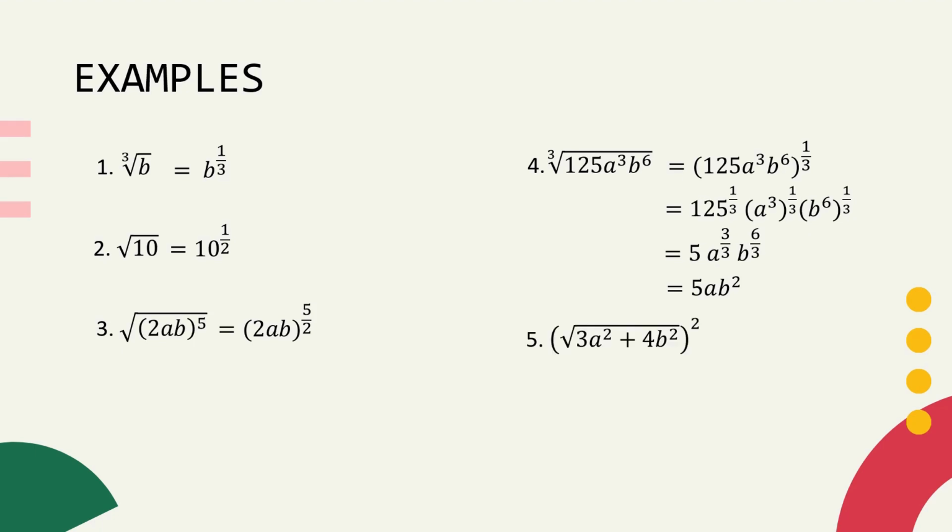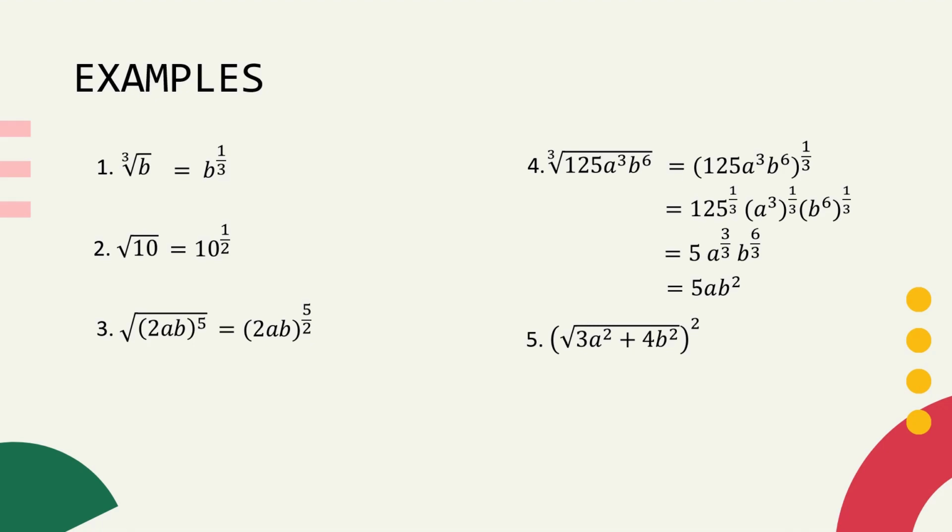We have here our last example, quantity square root of 3a squared plus 4b squared raised to 2. As you can see, the radical expression is enclosed and raised to 2. Therefore, we have to focus first on the radical expression inside the parenthesis, and let's convert that into an expression with rational exponent. So for the radical expression, what is our index?